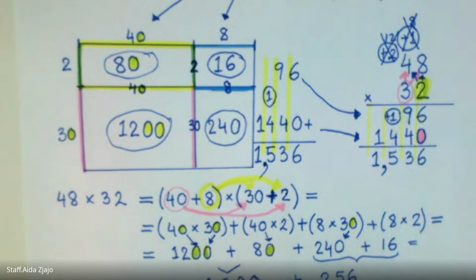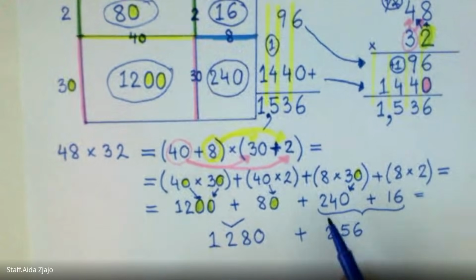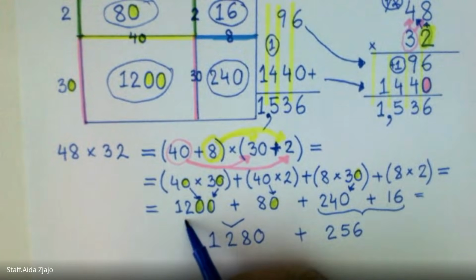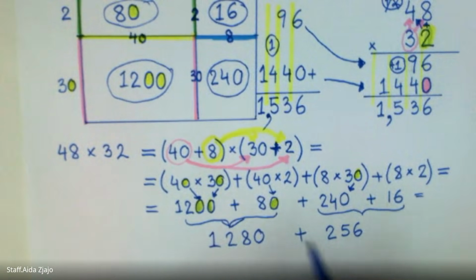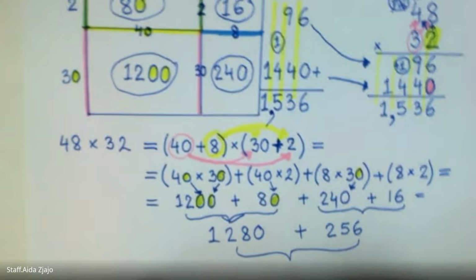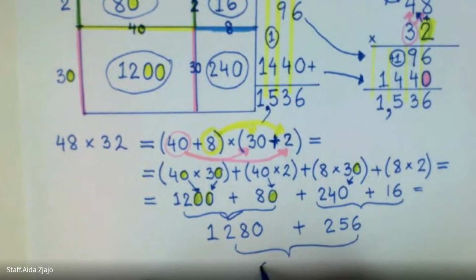And then when I, oops, sorry, you can see, when I add this, that will make 1,280. And when I add 240 plus 16, that's 256. And guess what? When I add these two, they will make 1,536.